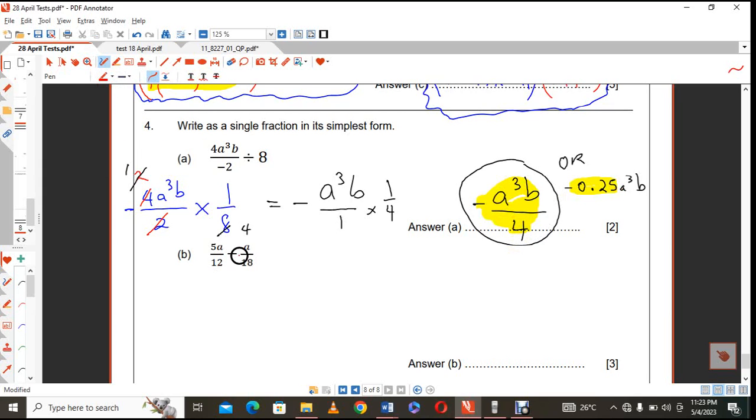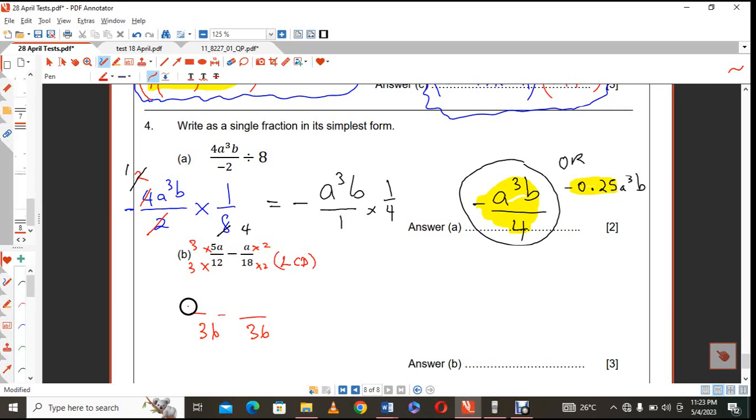Part B, you are supposed to subtract. Now, here's the thing. You are subtracting fractions. You must make sure that the denominators are the same by finding the lowest common denominator of 12 and 18, and that is 36. So each fraction out of 36, all right? So 12 goes there 3 times, and 18 goes there 2 times in 36.